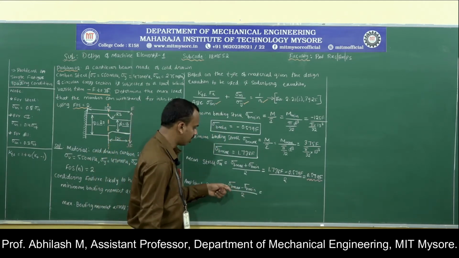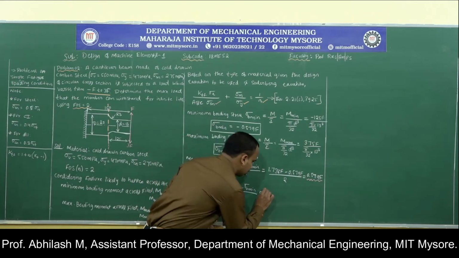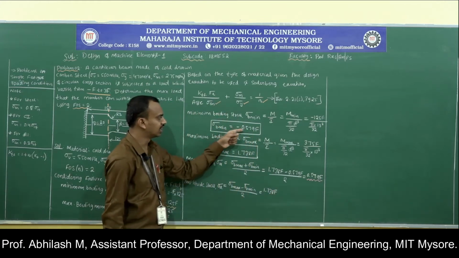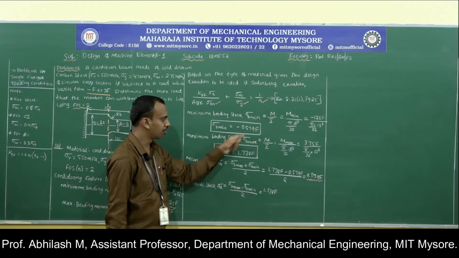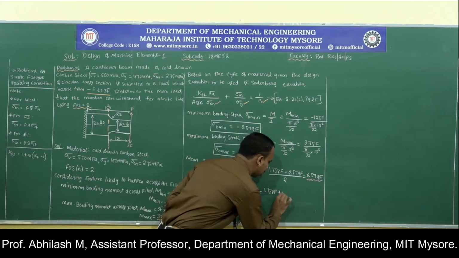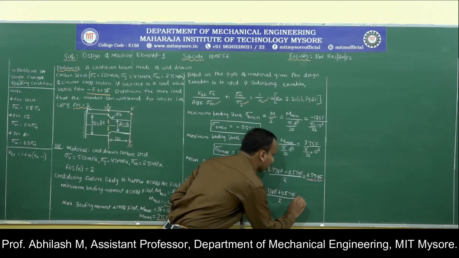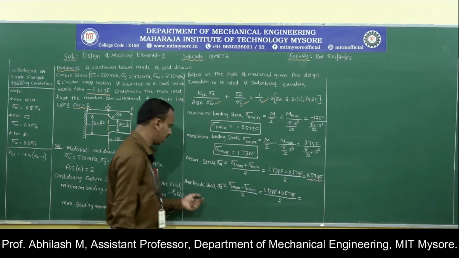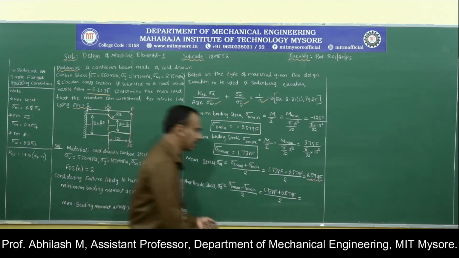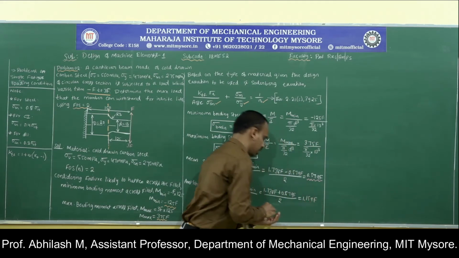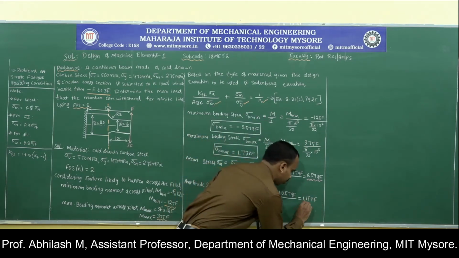If I substitute the maximum stress value of 1.738 F and the minimum stress value of minus 0.579 F, minus of minus will become plus, so 0.579 F divided by 2. Solving that, we obtain the amplitude stress of 1.159 F.